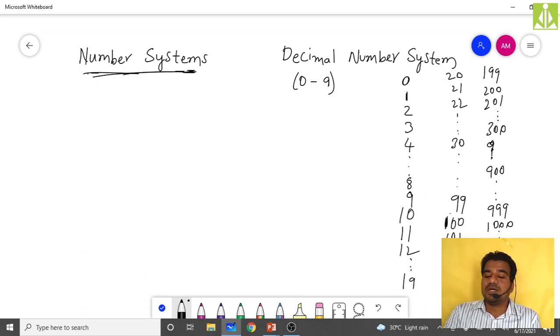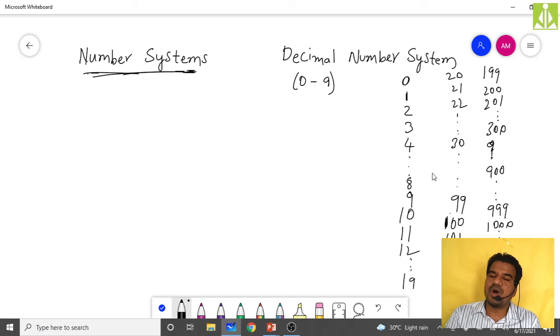So hopefully you understood why we call our number system the decimal number system: because it has only 10 digits to show the count, to show the numbers, to show the transactions. To show the 0 count, 0 symbol, likewise to show the 9 count, 9 symbol. But when we reach 9, we run out of digits. To show 10, we don't have any single digit, so we go for 1 0.